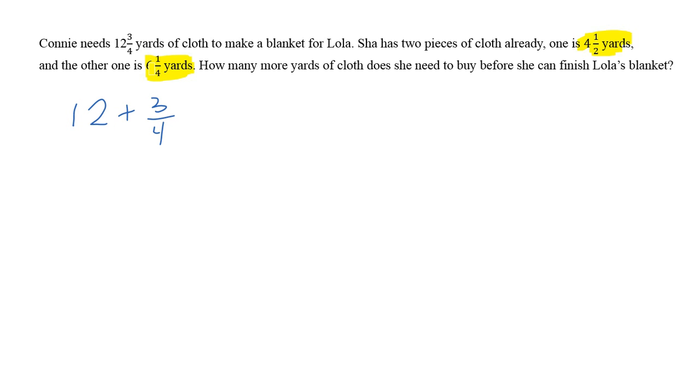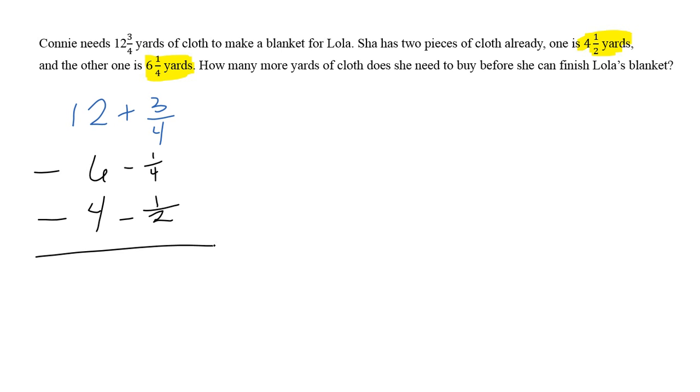Okay, and I can do all of this separately. I don't have to worry about converting my mixed numbers into fractions. I can just say minus 6 1/4 and minus 4 1/2.